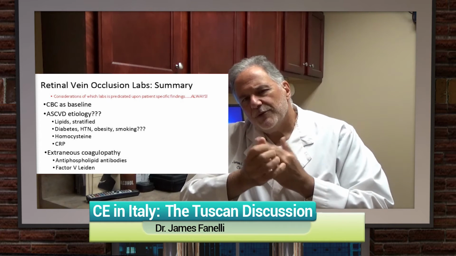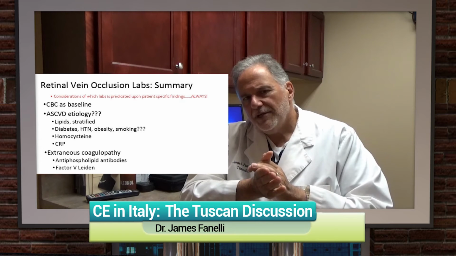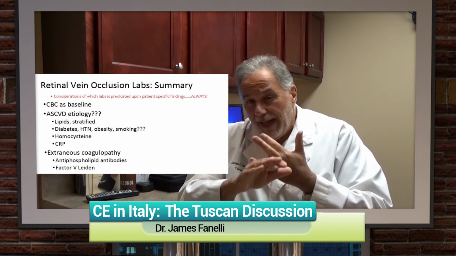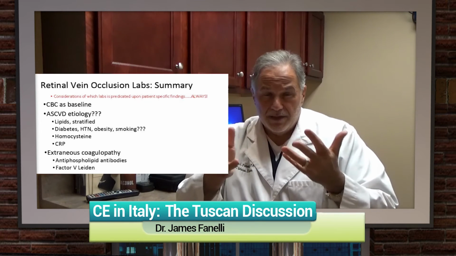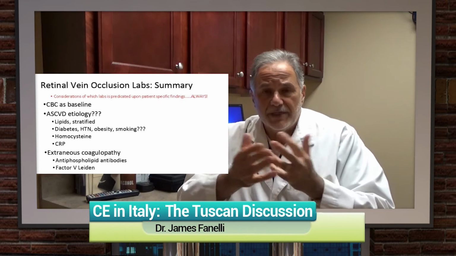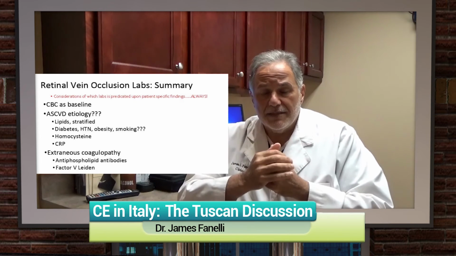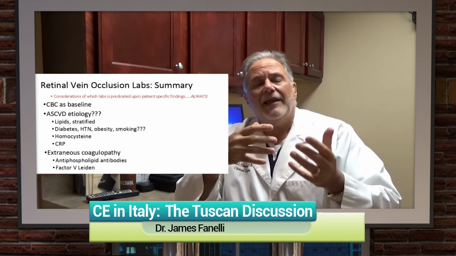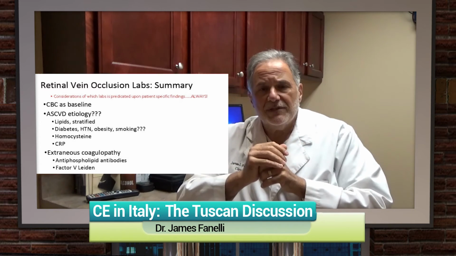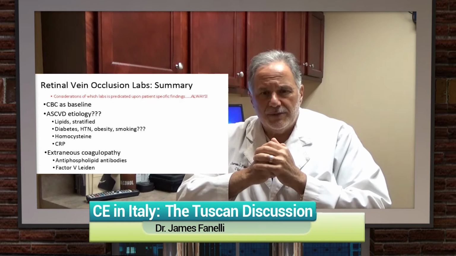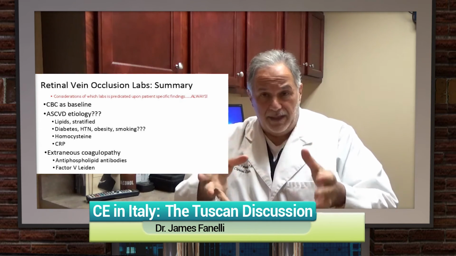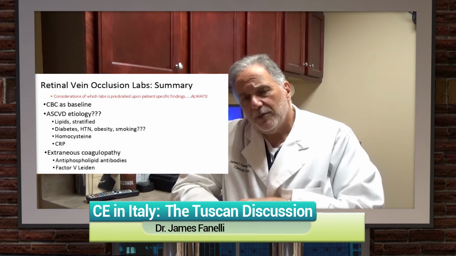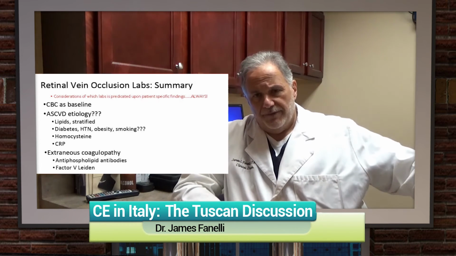But if we have an individual who doesn't have the atherosclerotic changes in the presence of a retinal vein occlusion, antiphospholipid antibody syndrome needs to be considered, and that's going to be established lab-wise with an ELISA test. And then the factor V Leiden genetic labs are going to ultimately be determined by the individual lab provider that you're using. So CBC with the coagulable labs are in order for those individuals.